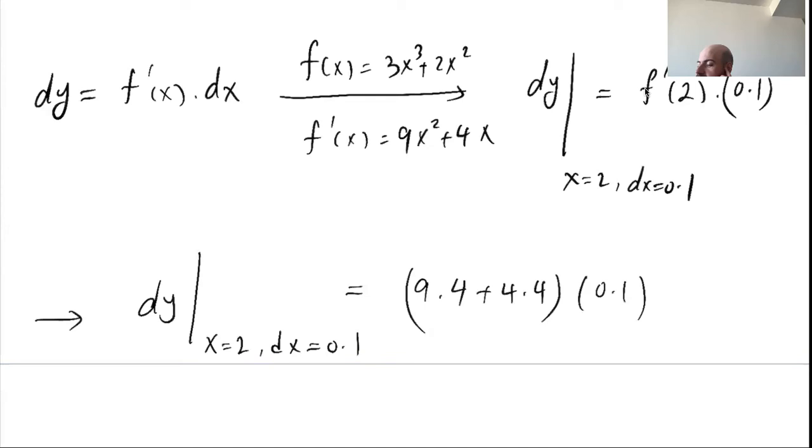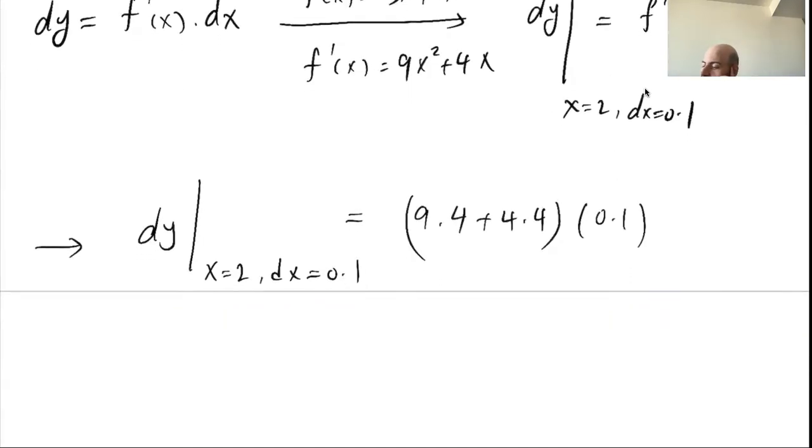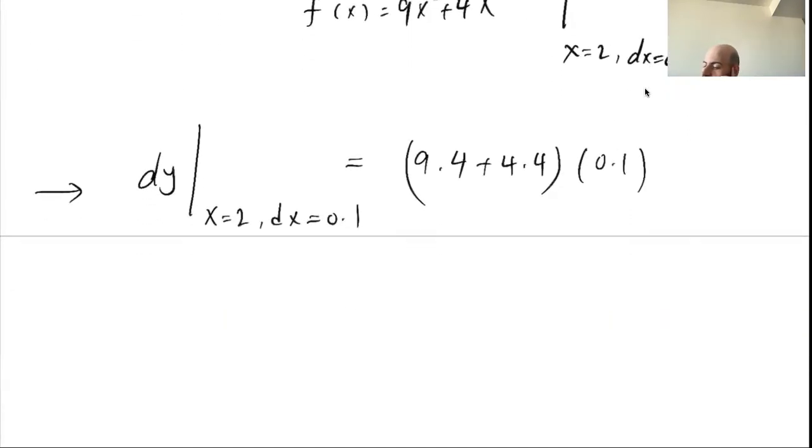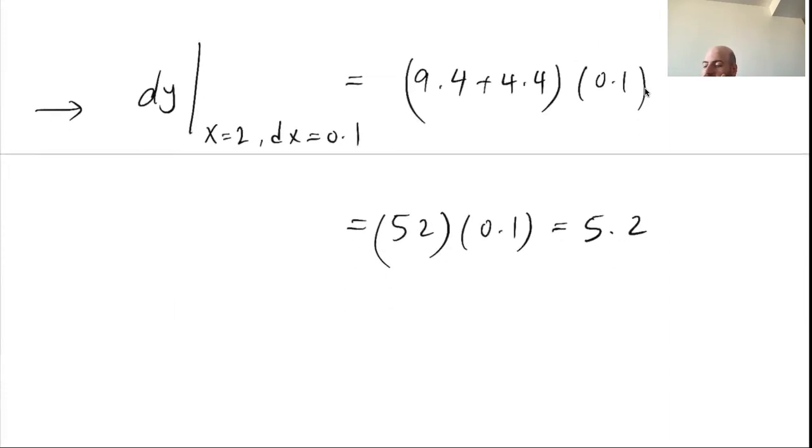So 36 plus 16, 52, times 0.1. So that's going to be 5.2. So dy will be equal to 5.2 if x is 2 and dx is 0.1, and for this particular function.